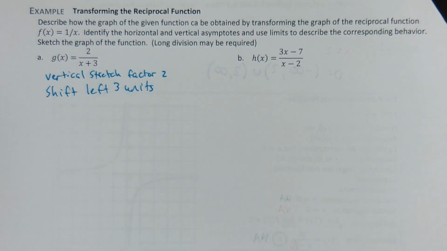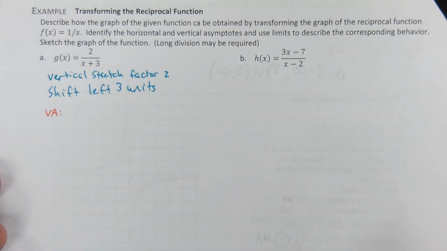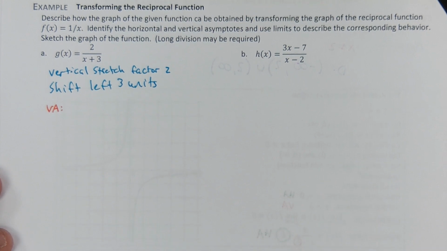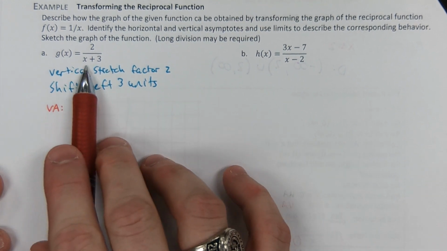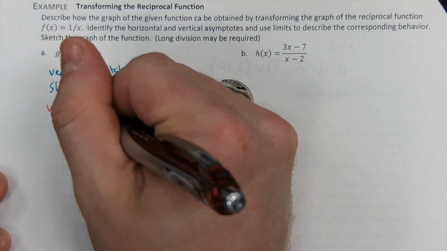So if I shift it left, my vertical asymptote also shifts left. So what is now my vertical asymptote? Can't just say negative 3. It's x equals. It's the one number x can't be.